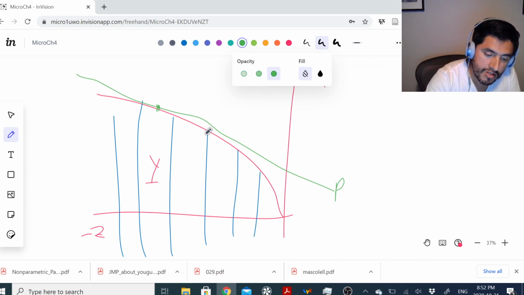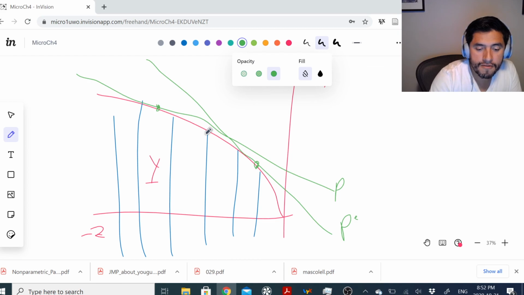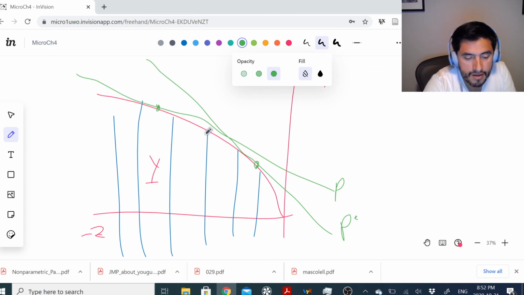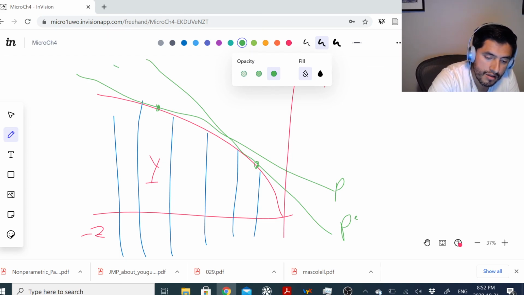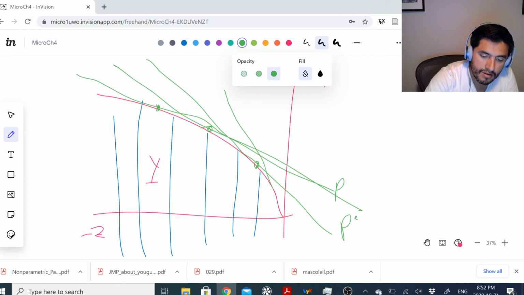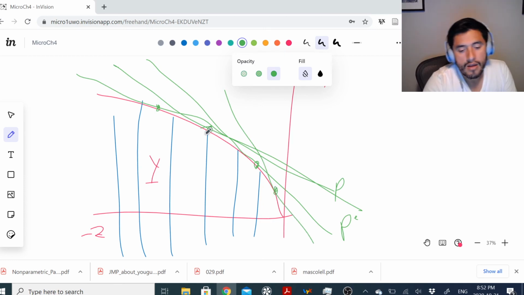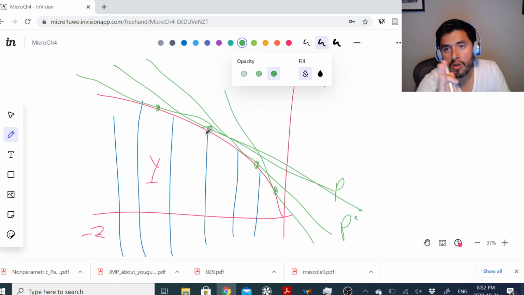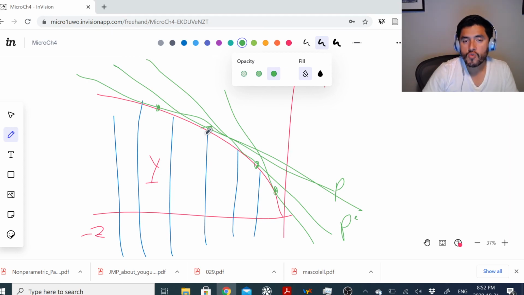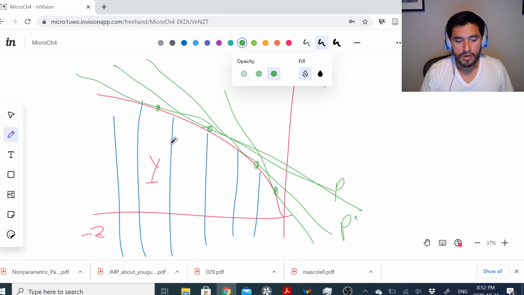So now imagine I have a different price, P star here, right? And I have other prices and I keep moving them, right? Eventually they will start covering this convex object, such that if I use all possible prices, eventually I will recover the convex set, okay?